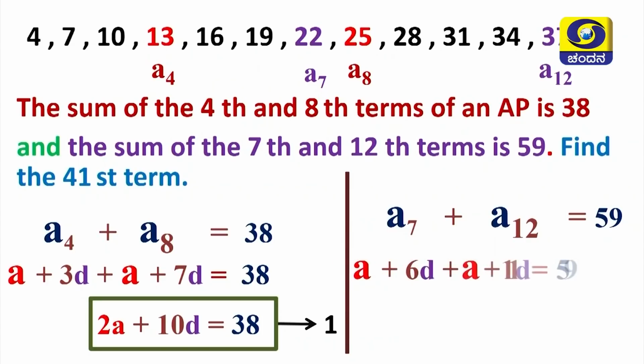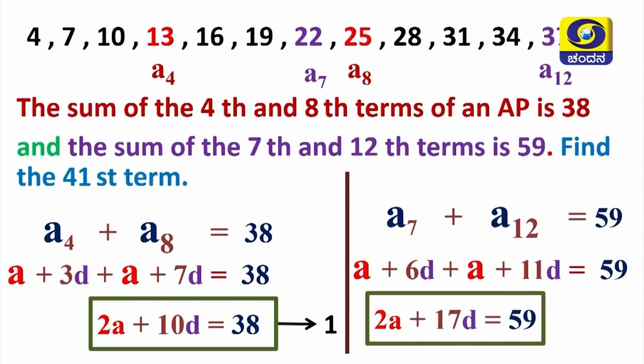That is what you all have to write. And A12 is A plus 11D. Same procedure. A plus A is 2A. 6D plus 11D is 17D. 2A plus 17D is equal to 59. Second equation is born. Call it equation number 2.